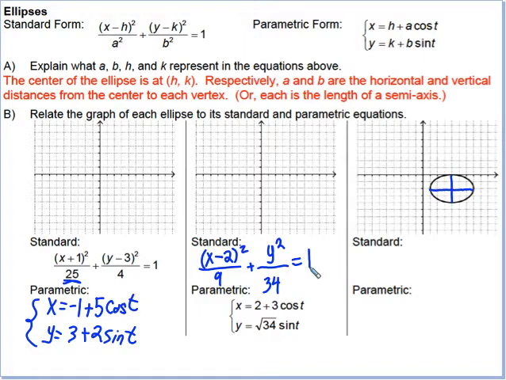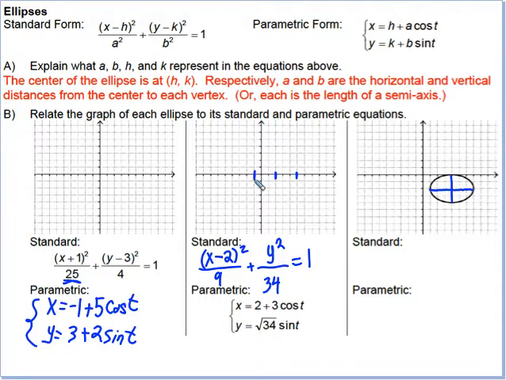I will tell you this one, some of you might be thinking, okay, how can I possibly graph this? Well, your x horizontal shift is over 2, so the center is right there. Your horizontal radius is 3, so there's those tick marks. And then the square root of 36 is 6, so the square root of 34 is probably a little bit less than 6.